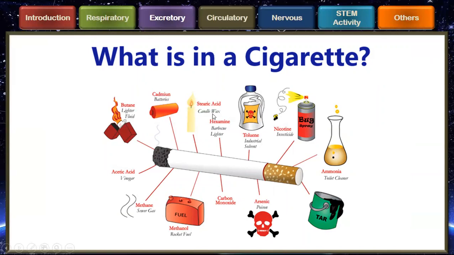Stearic acid, that is in candle wax. Hexamine, that is in barbecue lighter. Toluene, that is in an industrial solvent. Nicotine, an insecticide that can kill insects. Ammonia, that is in some toilet cleaners. Wow. And also the tar in our paints.